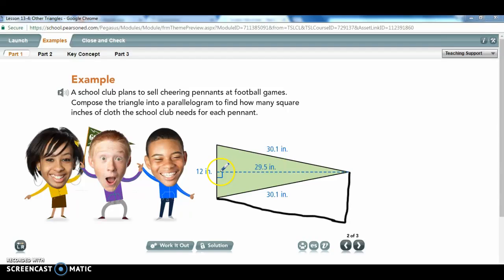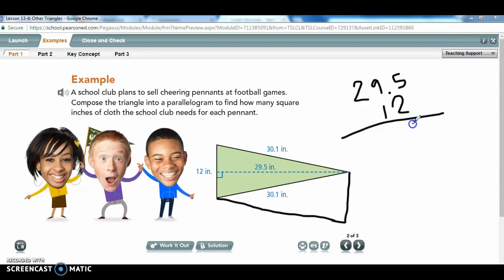So our base is going to be our 12 inches. Our height is always perpendicular, so that's why I know to go to these numbers because of this little box. So our height is 29.5. I'm going to write that up here, 29.5. And I multiply these two numbers.